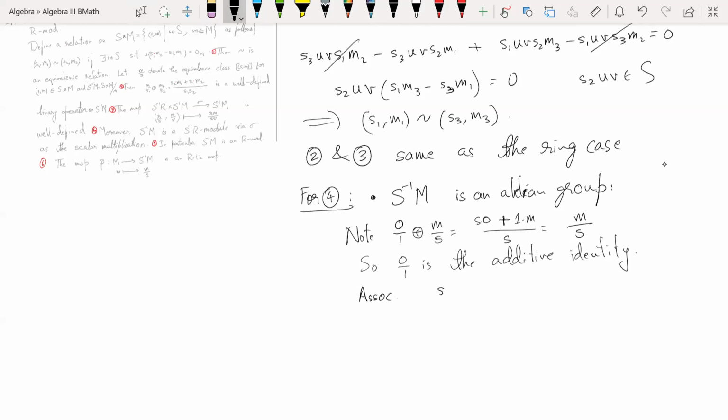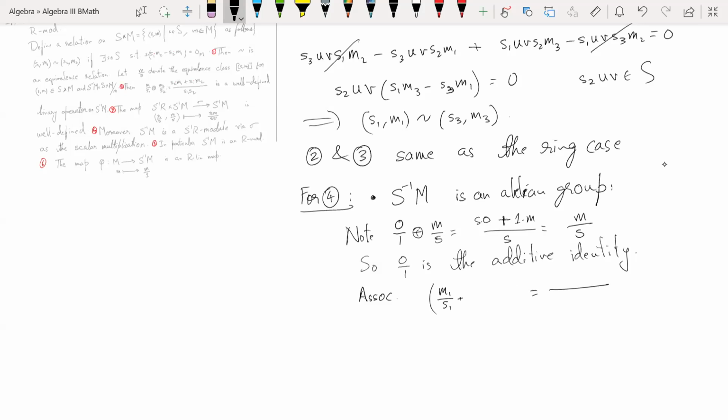S1 M1 plus S2 M2, that's S3 M3. By definition, this is, sorry, I've written it all upside down. So the S's are elements of capital S and the M's are elements of the module.